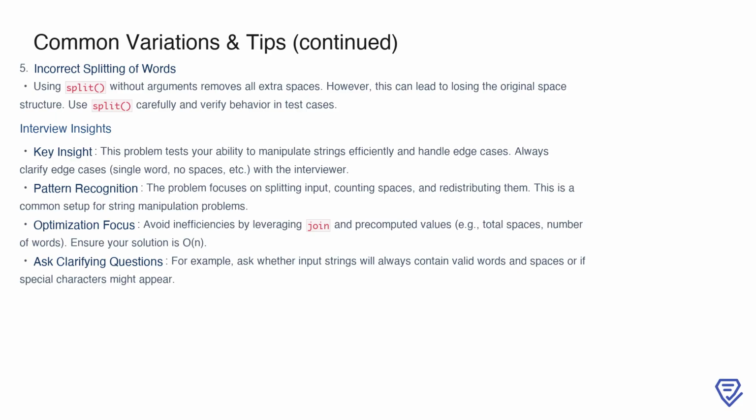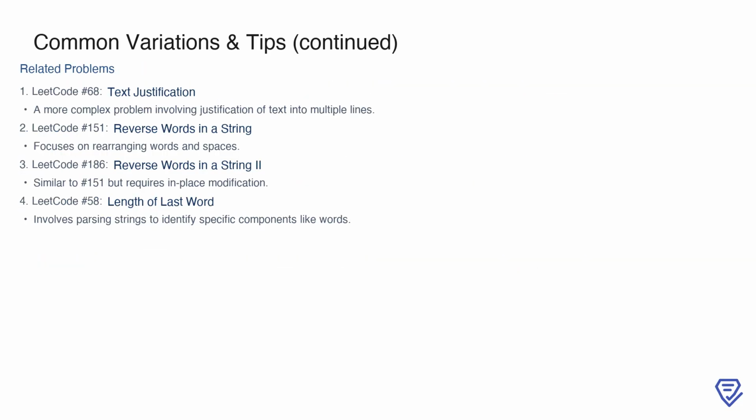Remember that asking clarifying questions early can save you time and help you avoid incorrect assumptions about the input. This problem connects to several similar challenges on LeetCode, making it a great stepping stone for more advanced string manipulation tasks. For example, LeetCode number 68, text justification, is a more complex variation that involves justifying text into multiple lines while maintaining proper alignment.